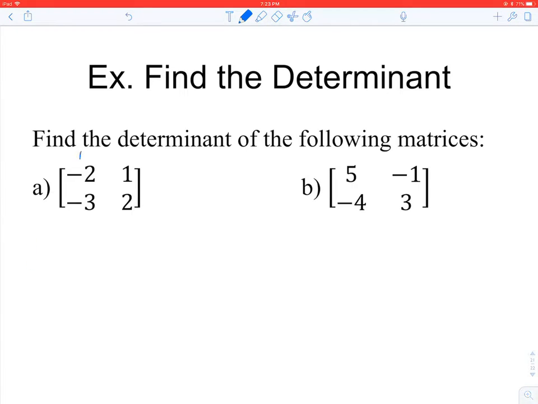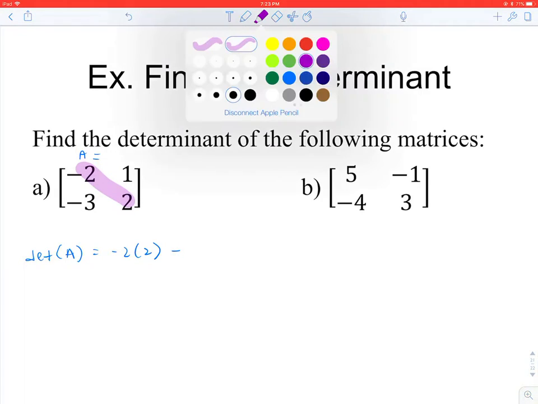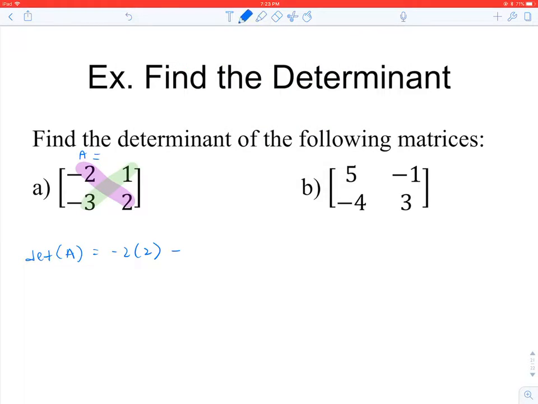Okay, so if we want to find the determinant, I'm going to name this matrix A. So if we want to find the determinant for A, it's going to be the product of the first diagonal minus the product of the second diagonal. So -4 plus 3, so -1.